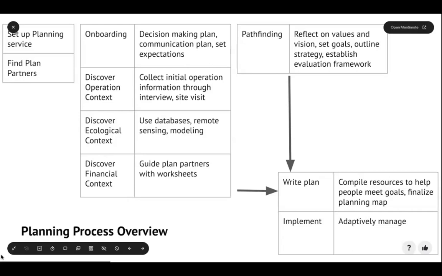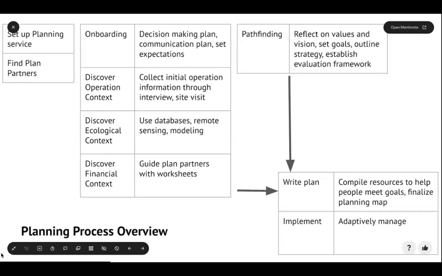And we use the site visit as one example of how you might start to collect that information. And then we'll talk about the ecological context more today with looking at some soil health in-field metrics. We're not going to cover the financial context today, but this is where we're sitting.